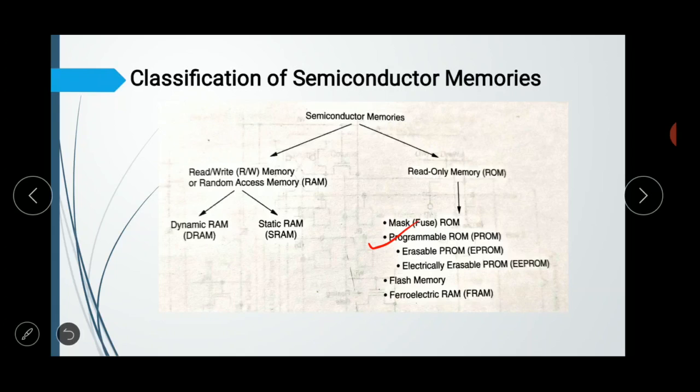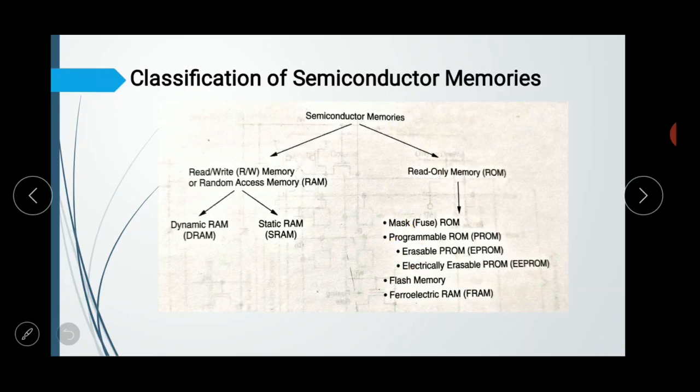Then, depending on data erasing characteristic, programmable ROMs are further classified into two types, that is erasable PROM and electrically erasable PROM. In EPROM, UV rays are used to erase the data, but in electrically erasable PROM, high electrical voltage is used to erase the data.